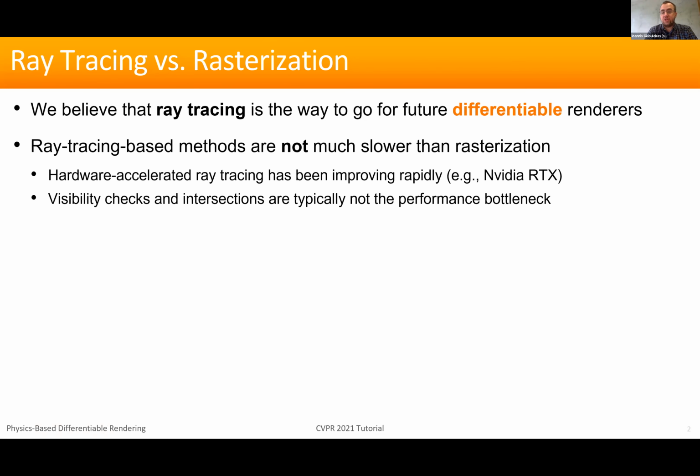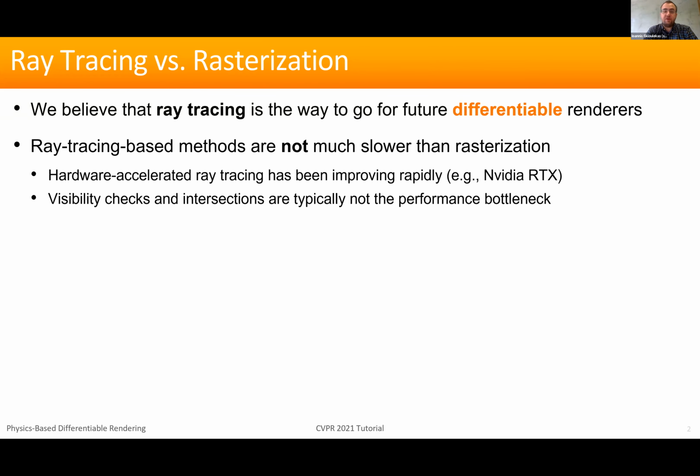So the first reason has to do with the fact that ray tracing methods are not slower than rasterization. A common misconception within the computer vision community is that ray tracing based rendering techniques, both forward and differentiable, are very slow.